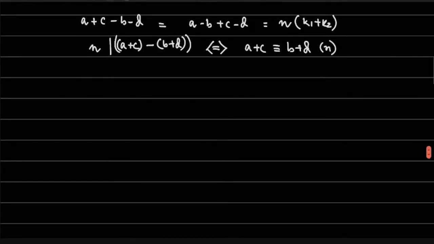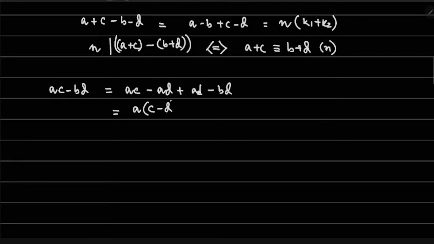Now think one thing. What can we tell about AC minus BD? We can write it as AC minus AD plus AD minus BD, and then we can take C minus D common from the first two, and D common from the last two, A minus B.